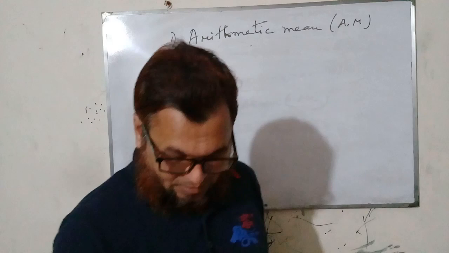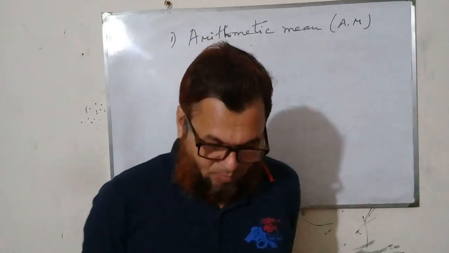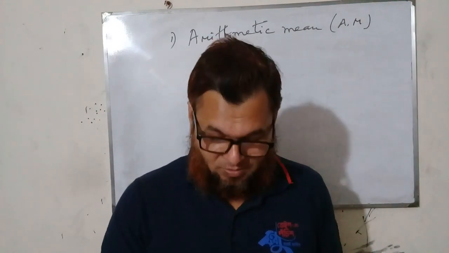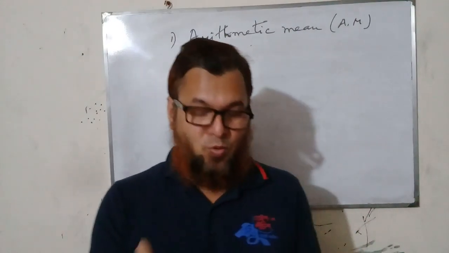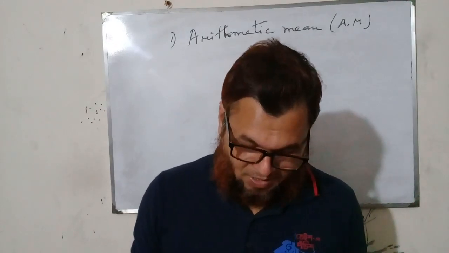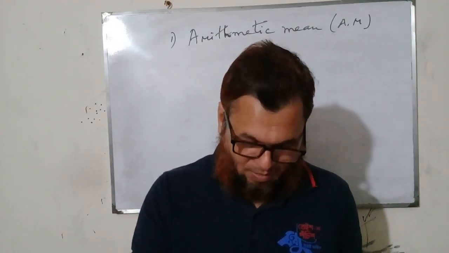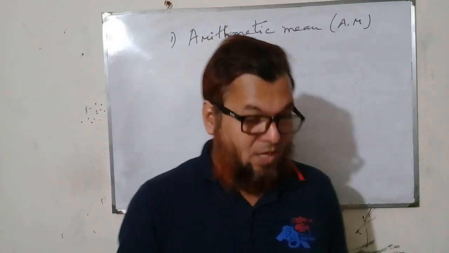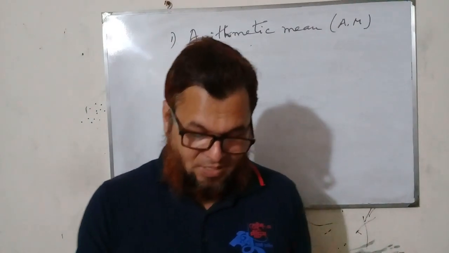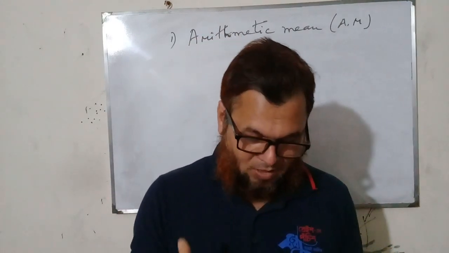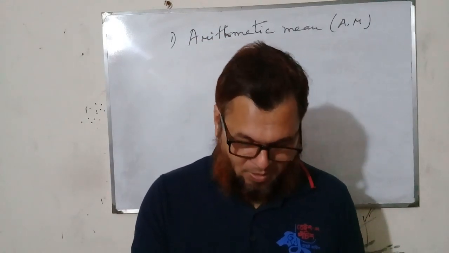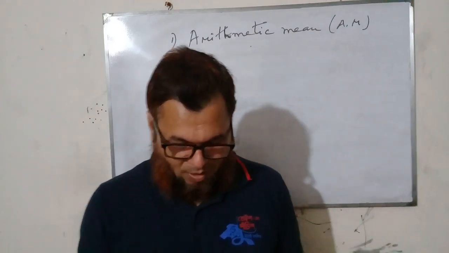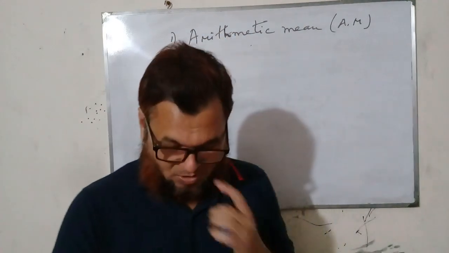What is arithmetic mean? Arithmetic mean is an average or central value of a set of observations obtained by summing those observations and then dividing this sum by the number of such observations.